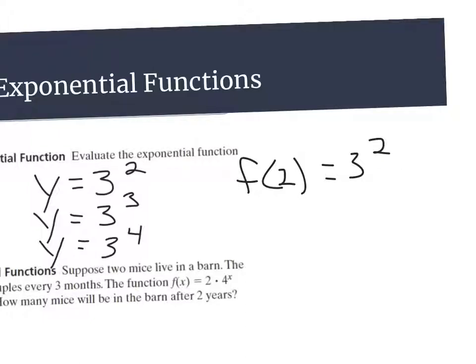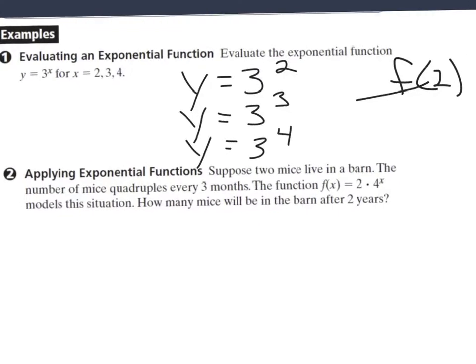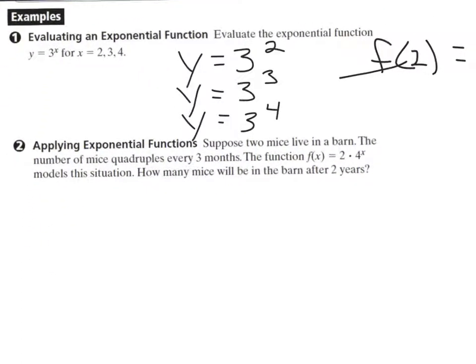Okay, let's look at a real-world example of exponential functions. So in this case here, we've got 2 mice living in a barn, and the number of mice quadruples every 3 months. So the function f of x equals 2 times 4 to the x, okay?